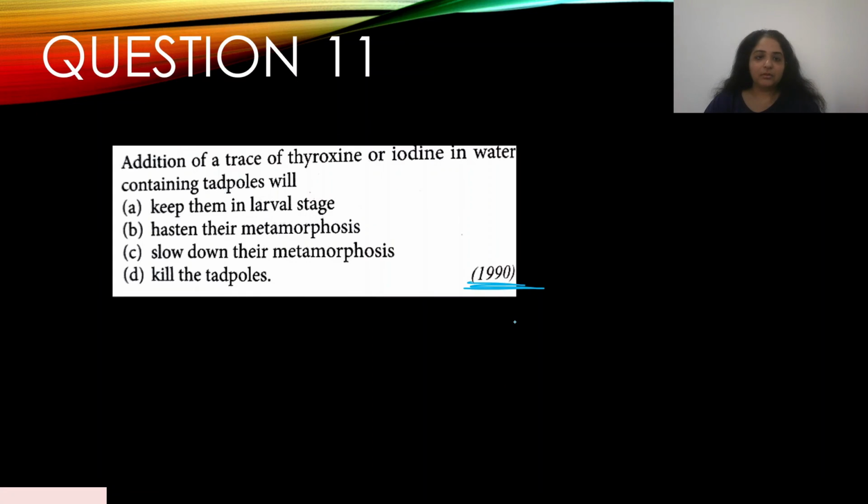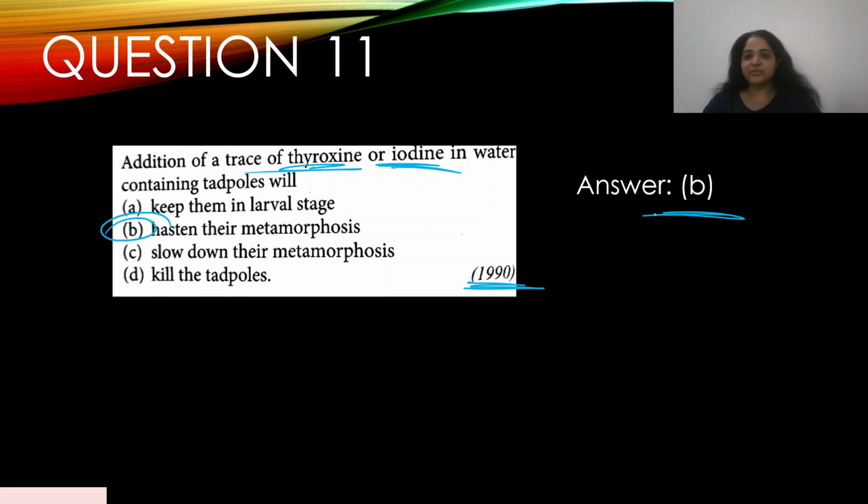If there's a trace of thyroxine or iodine in water, what will happen? It will hasten their metamorphosis. Thyroxine plays a very important role in causing the metamorphosis from the tadpole stage to the adult form. Answer is B.